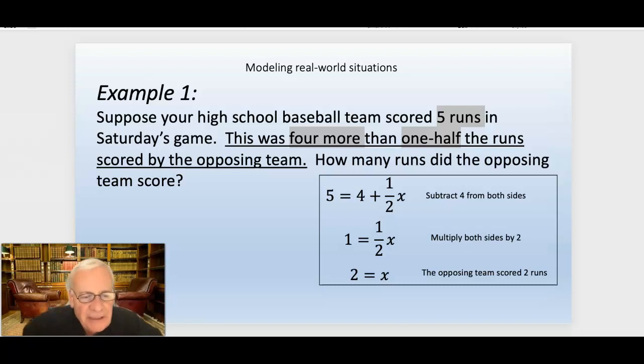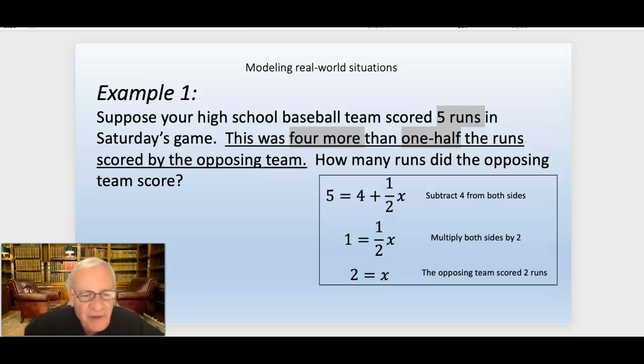We'll look at some examples here. Suppose your high school basketball team scored 5 runs in Saturday's game. This was 4 more than 1/2 the runs scored by the opposing team. How many runs did the opposing team score? So x is how many runs the opposing team scored.